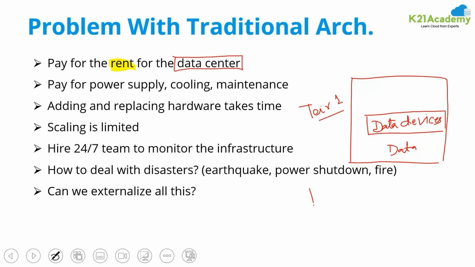Now, in that data center there will be so many devices. My one single laptop generates so much heat when it is running. Over here in the data center there are servers, which are actually kind of high-end desktops. The desktops which have higher capabilities are known as servers. There may be 10 or 15 servers, and I'm talking about a very small data center. A big data center will have 100, 200, 500, 1000 servers.